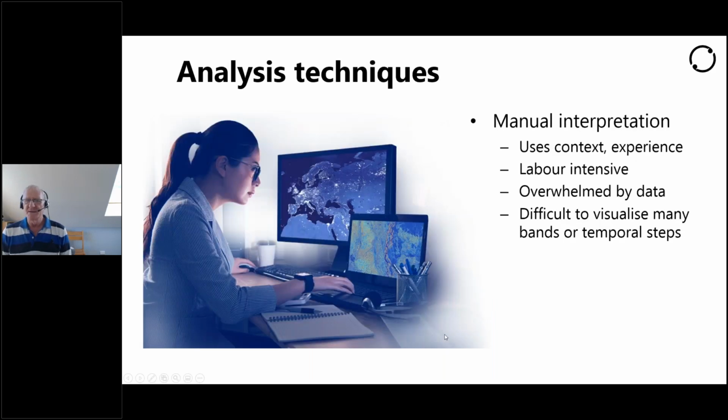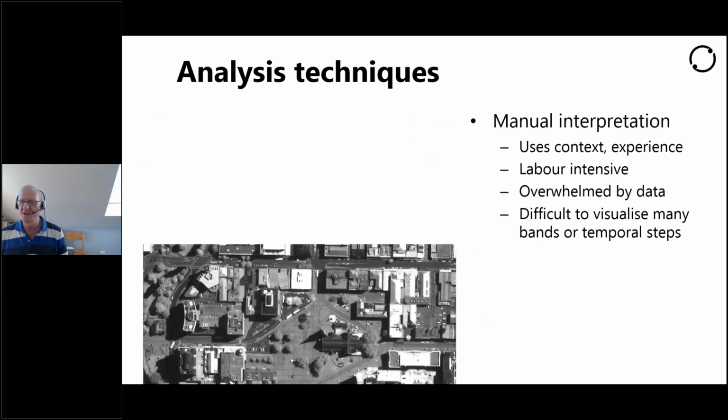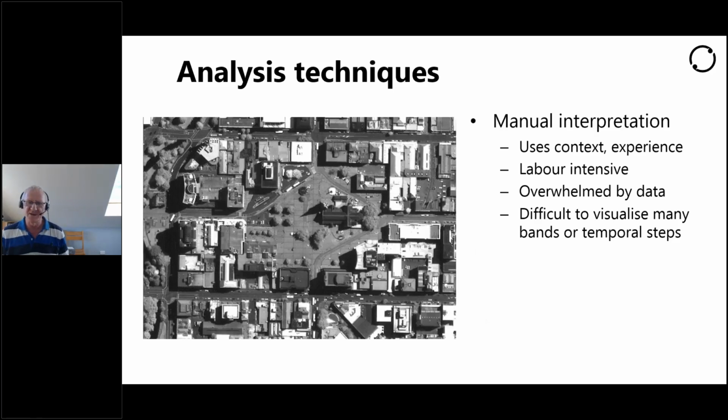Now I'll move on to talk about the analysis techniques used, and I guess the simplest and most obvious is just a straight manual interpretation. This is sitting in front of a screen and identifying features in the image or boundaries, objects in the image, and humans are very good at this. We can use the context of the image and our experience, and even if I show you this black and white image, I'm sure that you can recognize trees, cars, roads, buses, buildings, etc. with no problem.